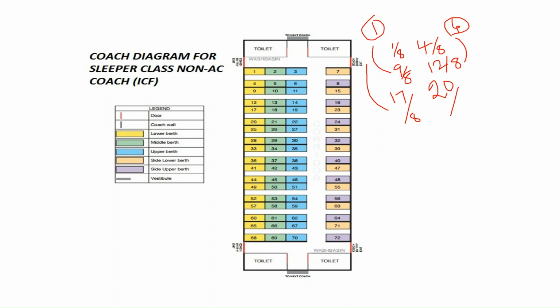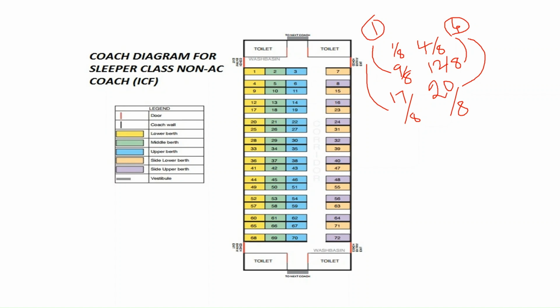When I divide 20 by 8, I get the remainder 4. So this is the logic. If a seat number is a lower berth, then when you divide the number by 8, you will get a remainder of either 1 or 4. So if the remainder is either 1 or 4 when dividing by 8, then it is a lower berth.